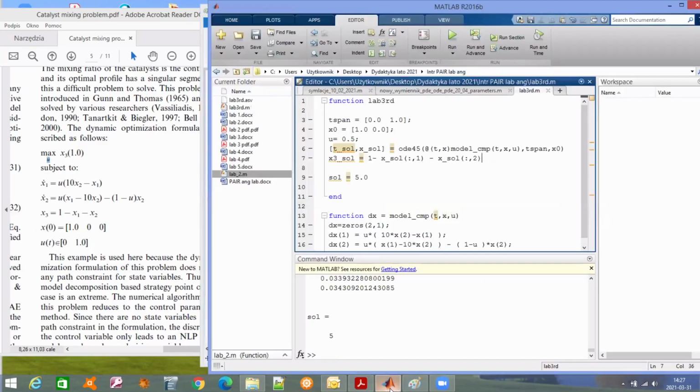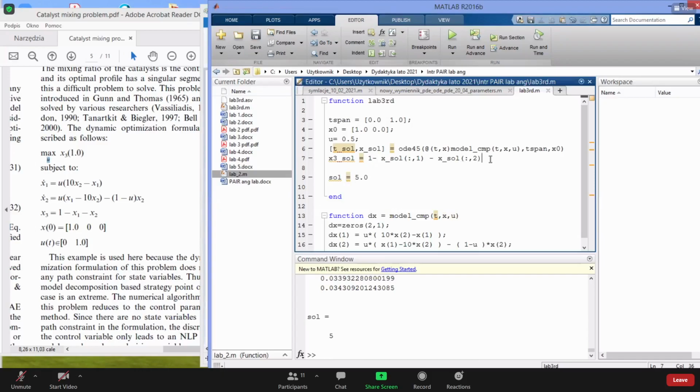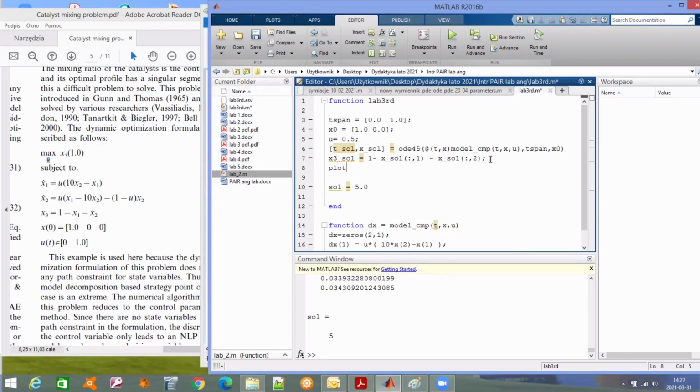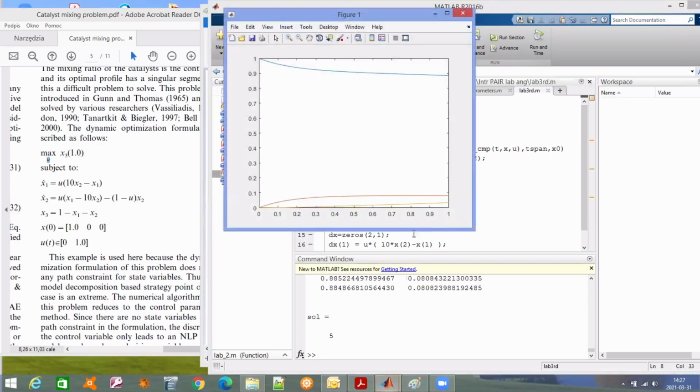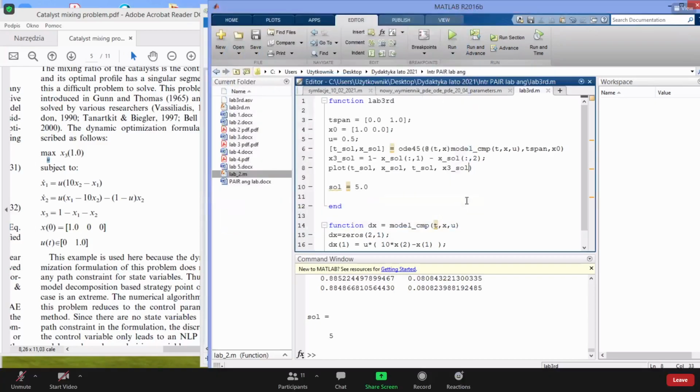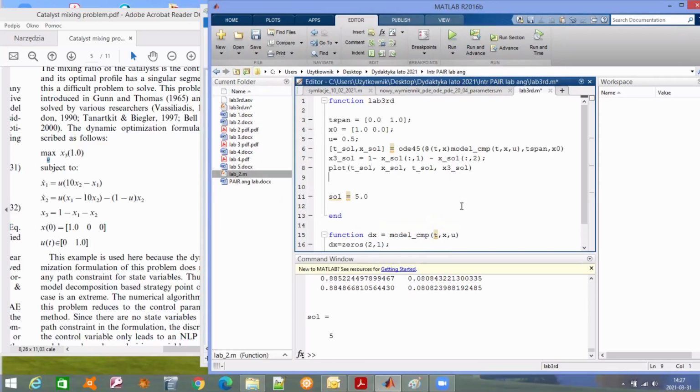Now it's good. We have a plot. And our final solution is x3 at the end of the process.